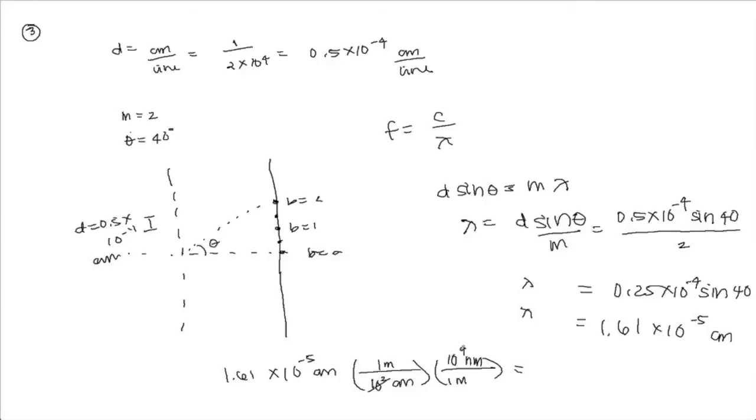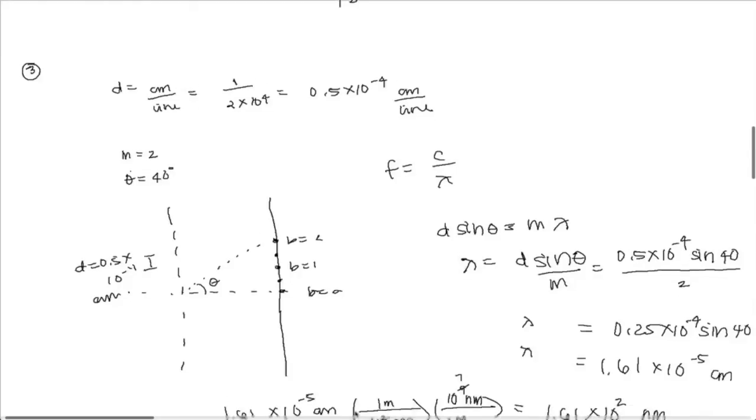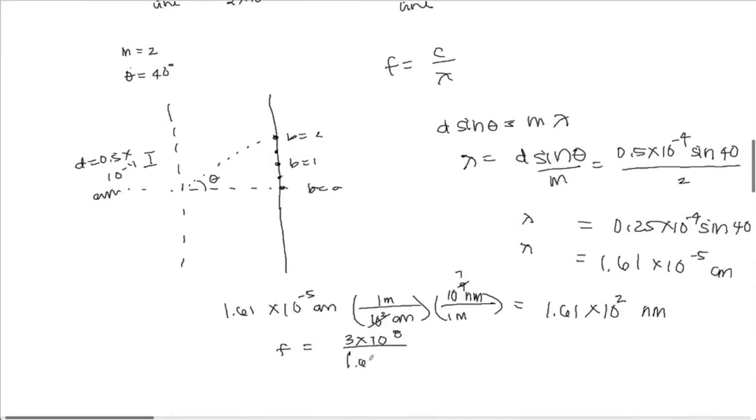So lambda equals 1.61 times 10 to the 2 meters. And then frequency would be 3 times 10 to the 8 divided by 1.61 times 10 to the 2. Now, what units did you plug in the wavelength in?